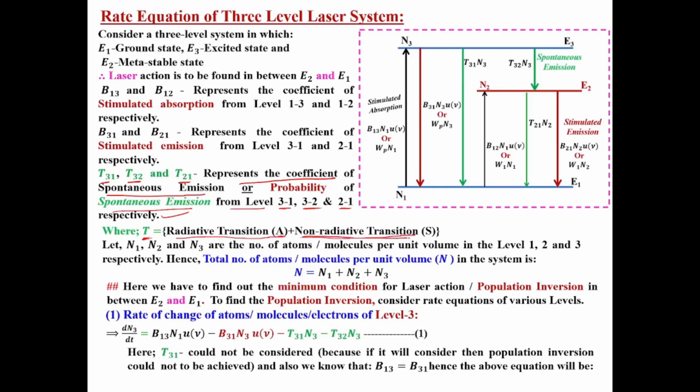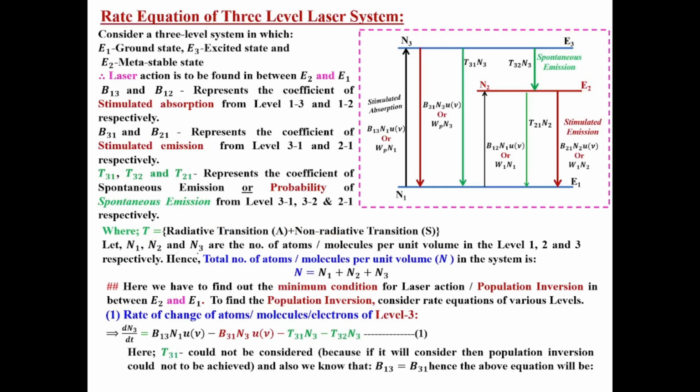Suppose a transition has only non-radiative transition, then instead of T we have to write S. If the spontaneous transition is only radiative, then instead of T we have to write A. But if the transition, suppose I consider 3 to 2, has both radiative and non-radiative transition, then we have to write T. If only radiative transition happens from 3 to 2, we write A. For non-radiative, instead of T, we write S.